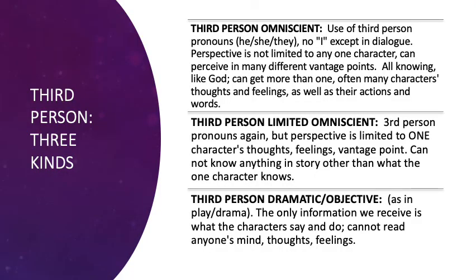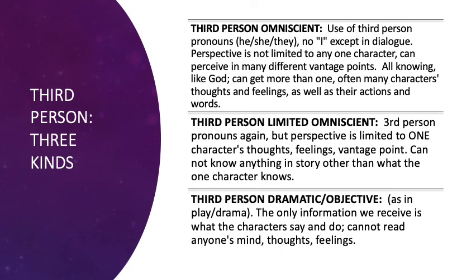The other kinds of point of view are the third persons: third person omniscient, limited, and dramatic or objective. The third person narrator is never in the story, so we don't get the I pronoun unless in dialogue.